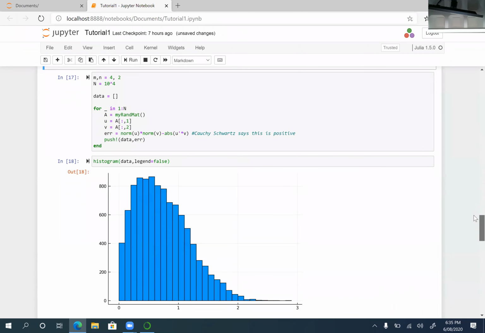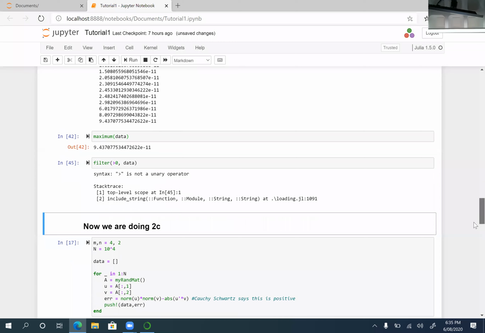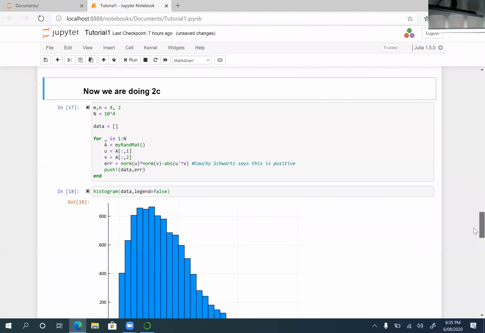So 2C, all right, so 2C, that problem was, hang on. Okay, question 2C.